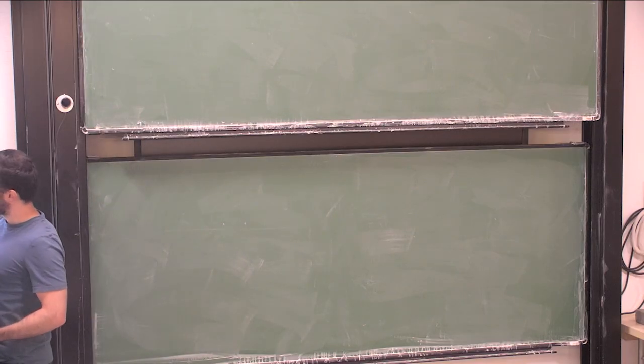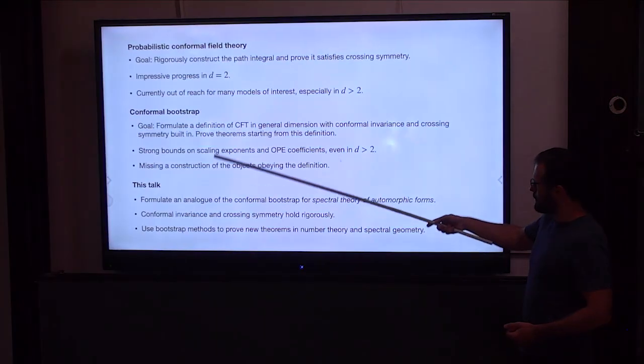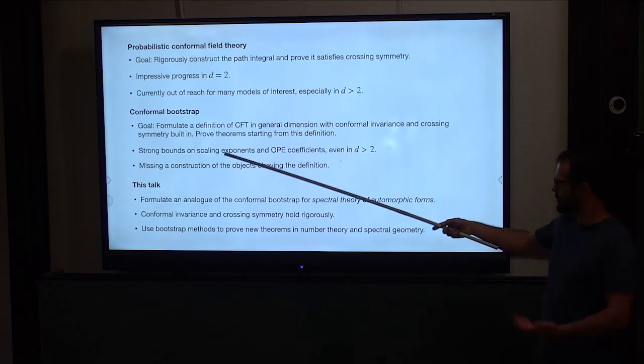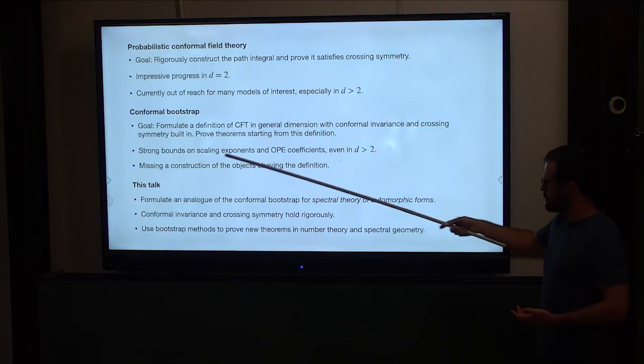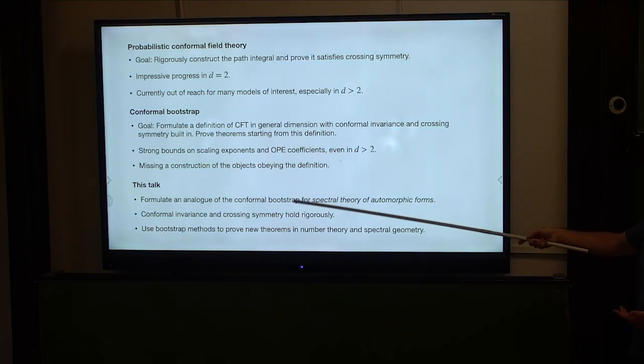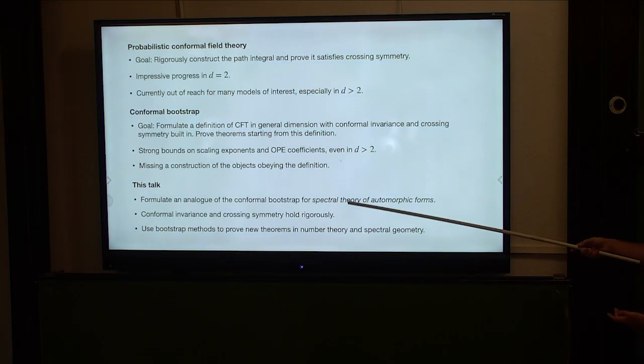Therefore we can use all of these nice methods that people have developed in the conformal bootstrap, linear programming, semidefinite programming methods, and so on, that people have used to bound exponents in the 3D Ising model. Here you can use them rigorously to prove properties of automorphic forms.